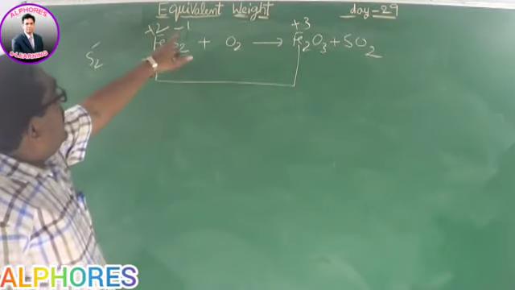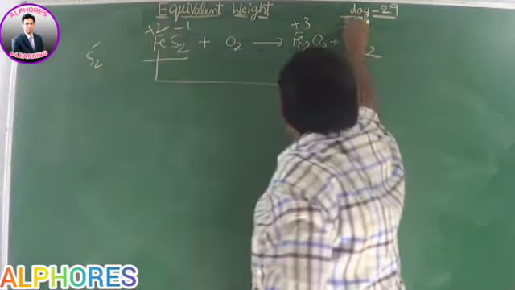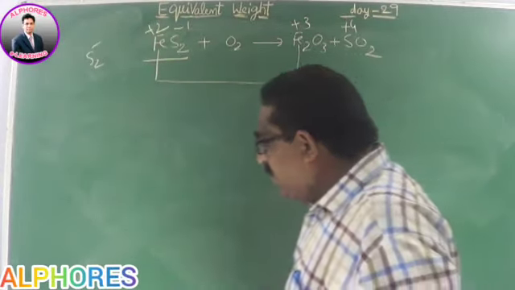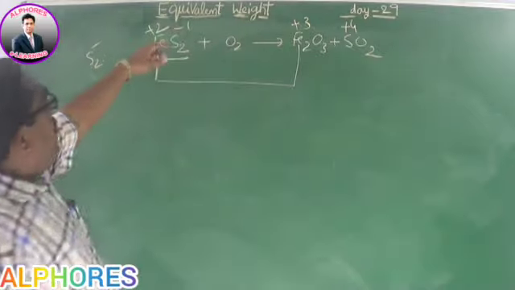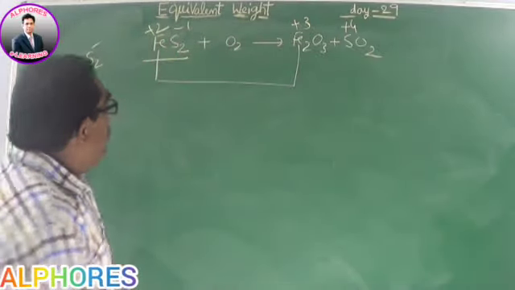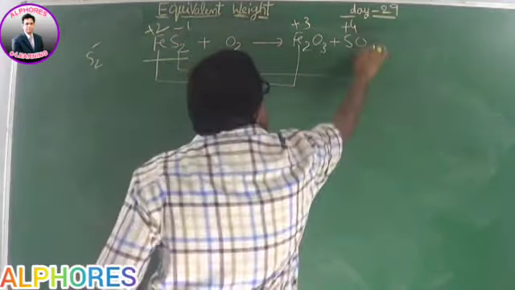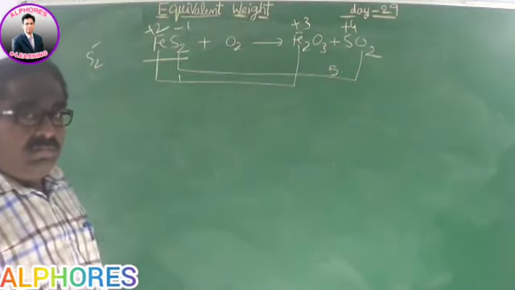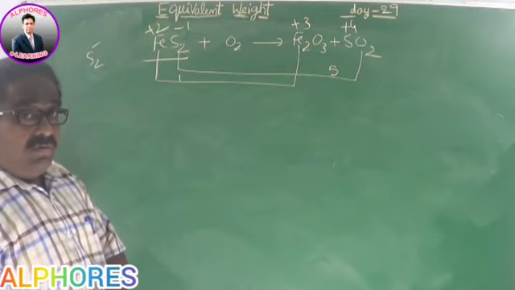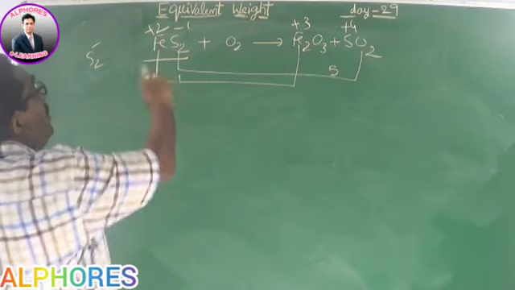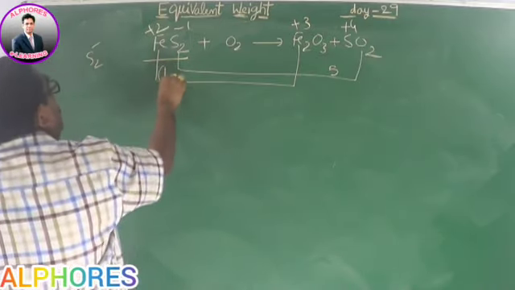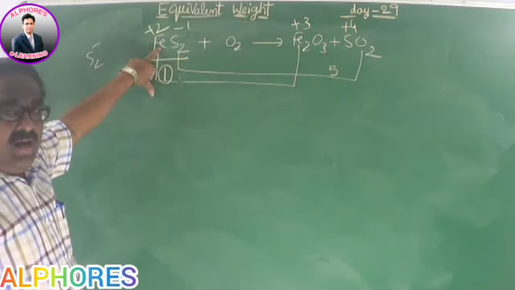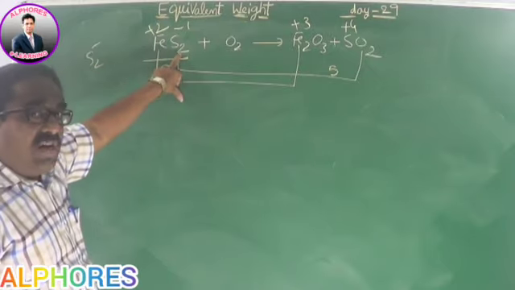Sulfur is also oxidizing. If we calculate the oxidation state of sulfur here, it is +4. So sulfur is also oxidizing from -1 to +4. That change is 5. For iron you see the change is 1. Again, we make mistakes because you should consider the total change. Iron +2 to +3, only one iron is there in the reacting species, but 2 sulfurs are there.